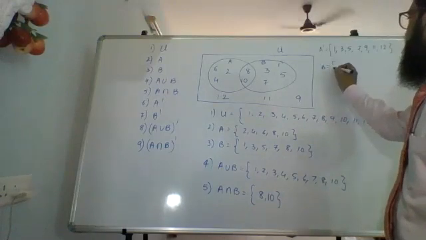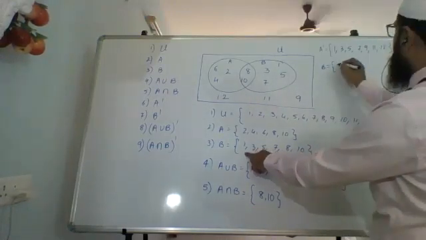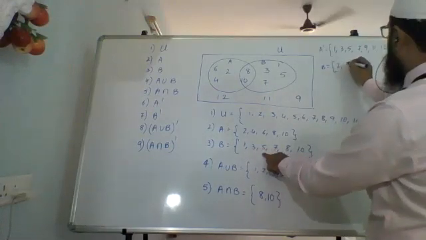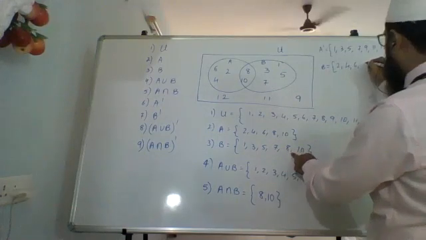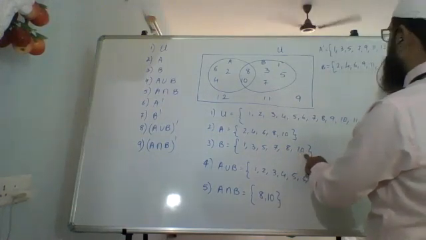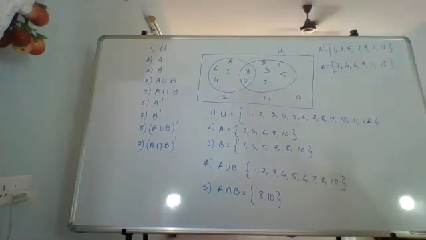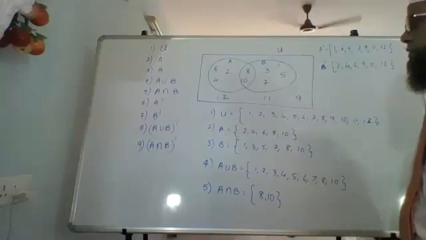Then next is B dash. Same logic. Whatever is there in B has to be dropped out. So 1 has to be dropped out, 2 can come in, 3 has to be dropped out, 4 can come in, 5 dropped out, 6, 7 dropped out, 8 dropped out, 9, 10 dropped out, 11 and 12. Okay. That is B dash.